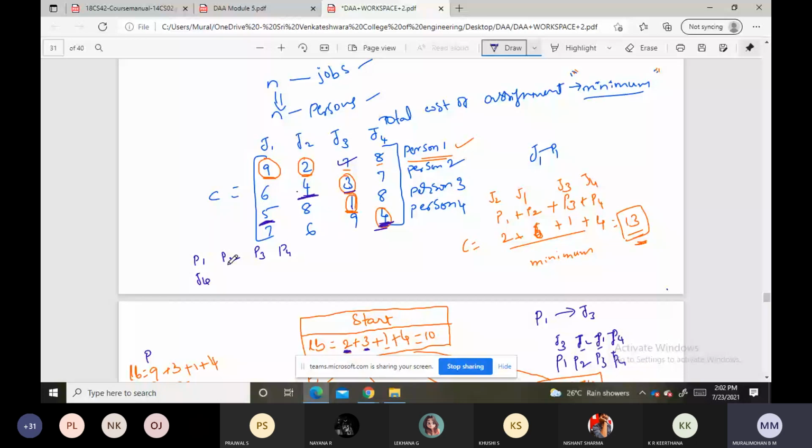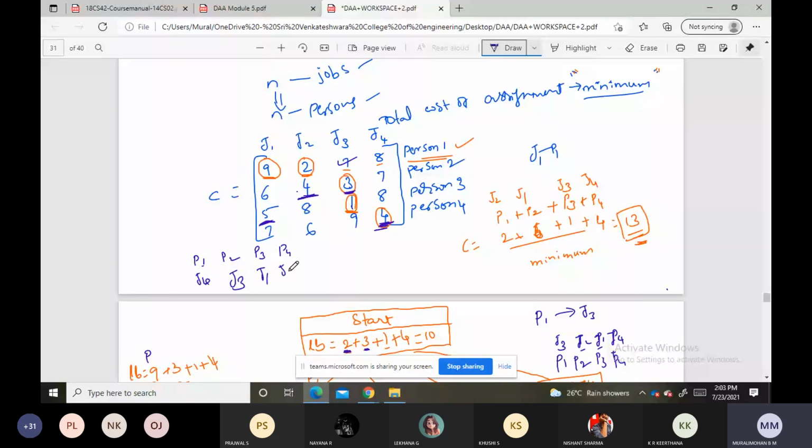We can assign job 2 also. No, minimum is job 3, because we are assigning job 4 for person 1. So minimum is 3. We can assign job 3. Next for person 3, job 4 and 3 have been allocated. We should check only with these two, so we can assign job 1. Next for person 4, left out is job 2. So we will write the same.